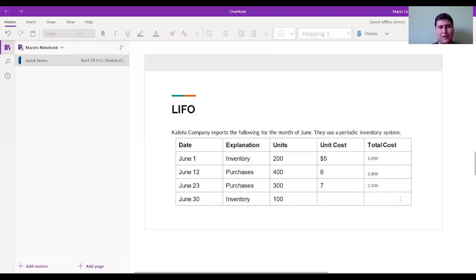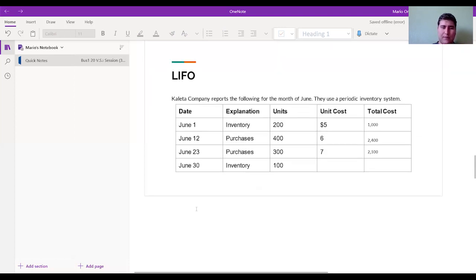I also want you to notice at the bottom, on June 30th, the explanation is inventory and it's 100 units. This is basically saying we have 100 units left over. So what I'm trying to say is, ending inventory is 100 units.